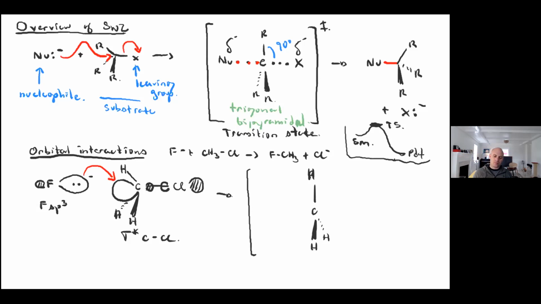If you just think about the carbon, don't let the partial bonds to the nucleophile and the leaving group confuse you. Carbon has 3 complete bonds. It has 3 discrete bonds to hydrogen, okay? Those adopt a planar arrangement, and you have a 2p orbital that is perpendicular, that is interacting with both your nucleophile and your leaving group.